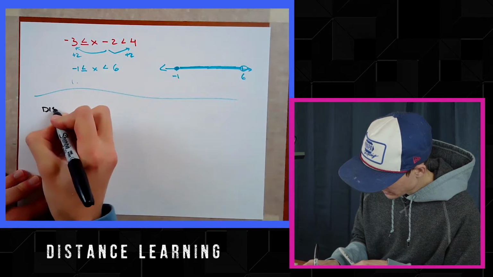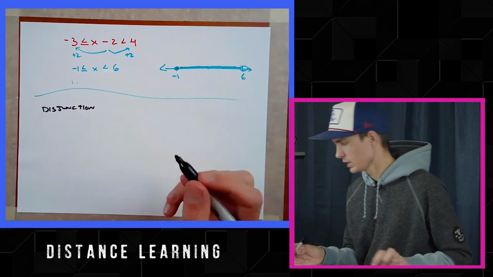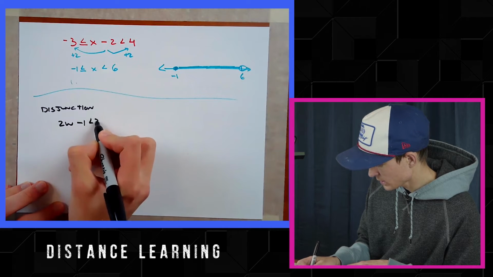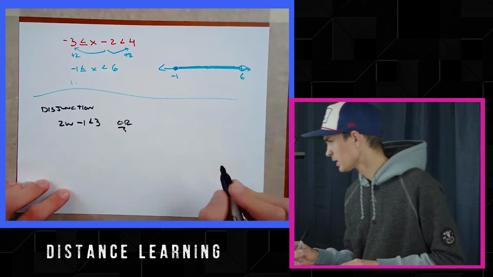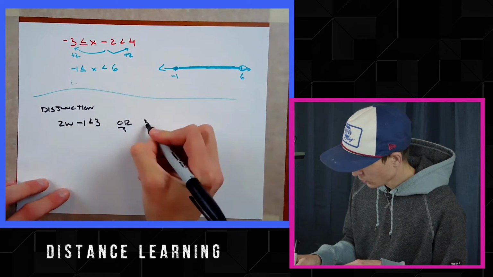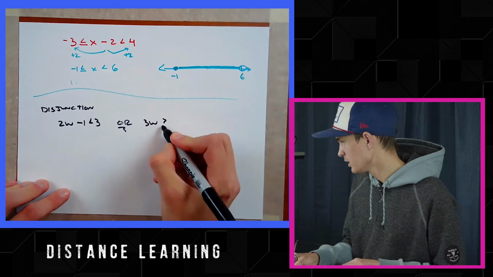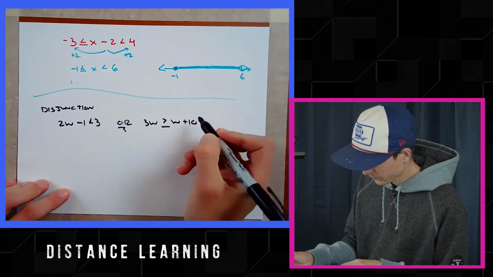An example of a disjunction. Another one, a more traditional one. 2w minus 1 less than 3, or 3w greater than or equal to w plus 10. Alright?